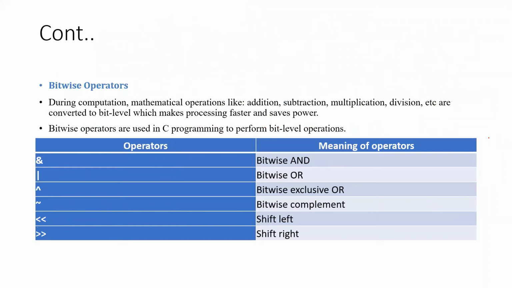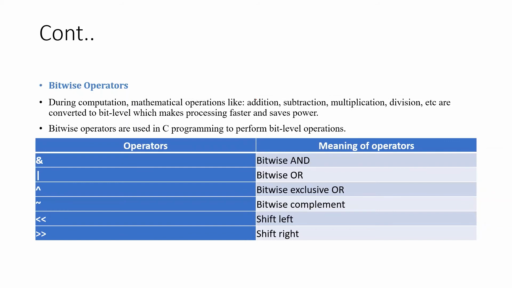And next, the most important operators in C programming are bitwise operators. Normally these bitwise operators are helpful for low level programming. If you want to work with ones and zeros, then we go with bitwise operators.